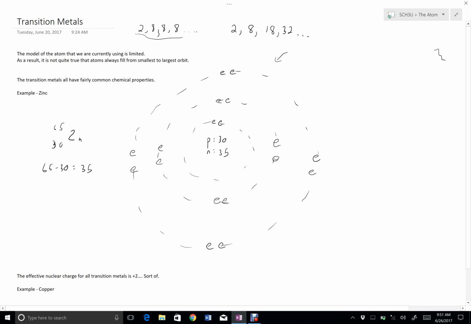But due to these things not filling in the normal order, what actually happens in this situation is that this atom starts a whole new shell. So for the next 2 electrons, we put them way out in this shell. And what that means then is we don't finish this shell before we start the next one.